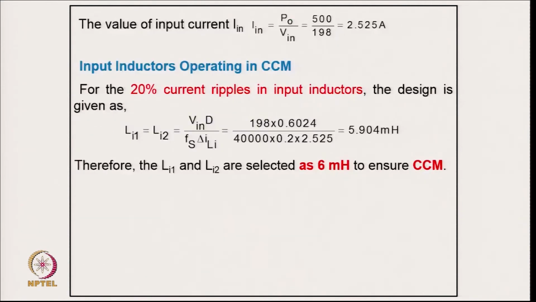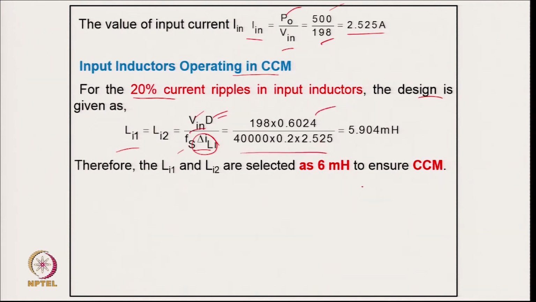Now, coming to the calculation of components. We calculate the input average current from the power divided by the input average voltage. Putting in the values of power and input average voltage, it comes to 2.525 ampere. The input inductor is operating in continuous conduction mode with 20% ripple, and its value is calculated from the input applied voltage, on period and switching frequency.